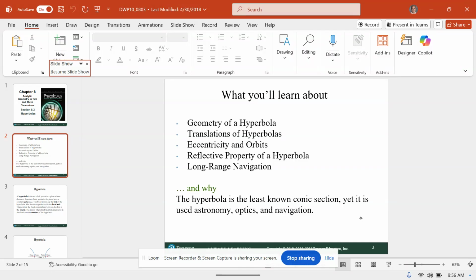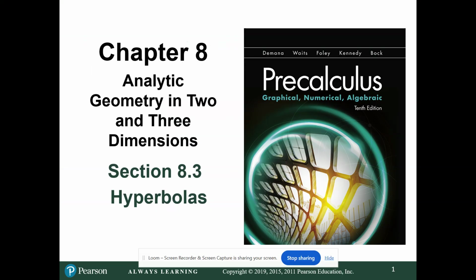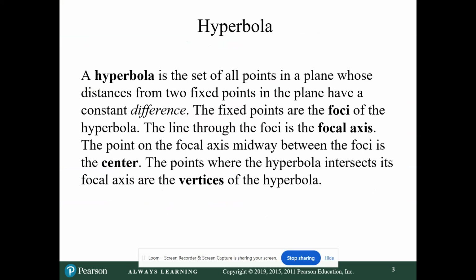All right, so we're going to look at hyperbolas today. A hyperbola is the set of all points in a plane whose distances from two fixed points in the plane have a constant difference. An ellipse would be a constant sum.